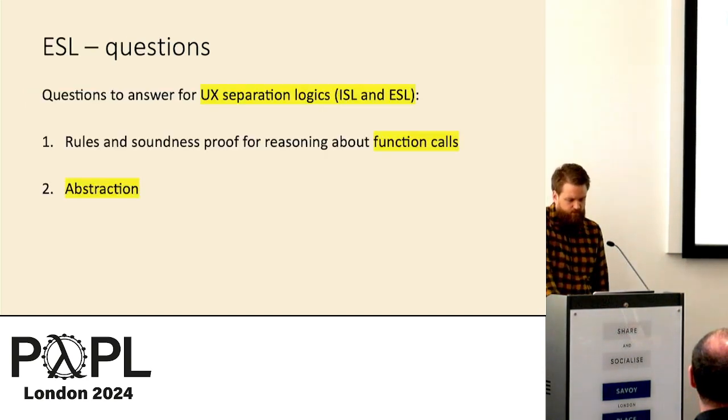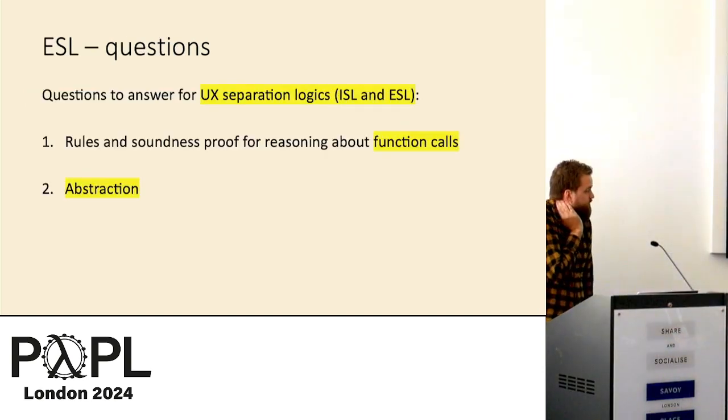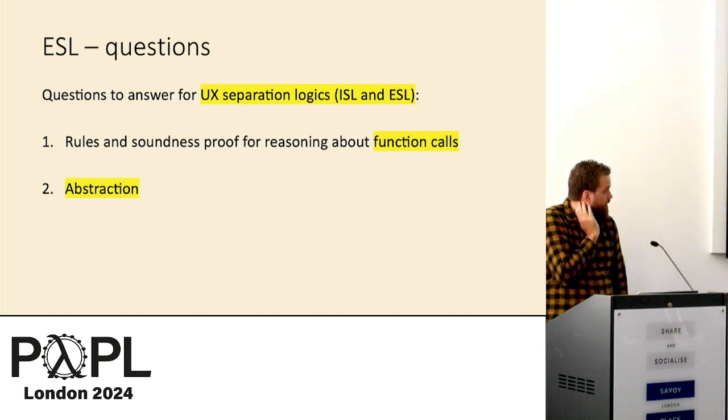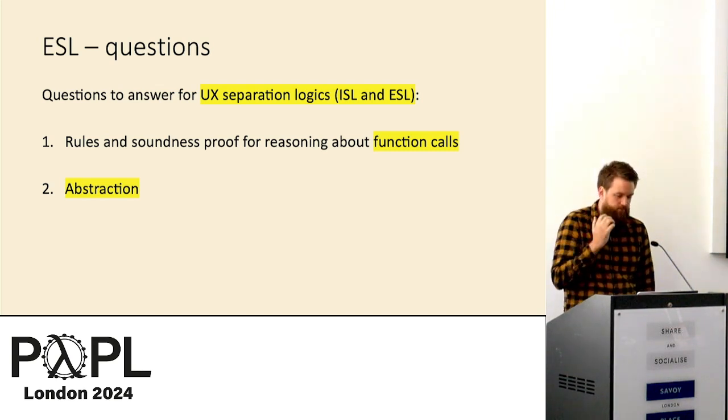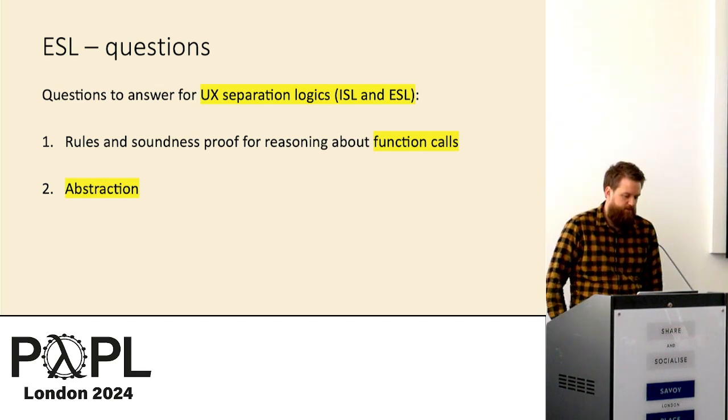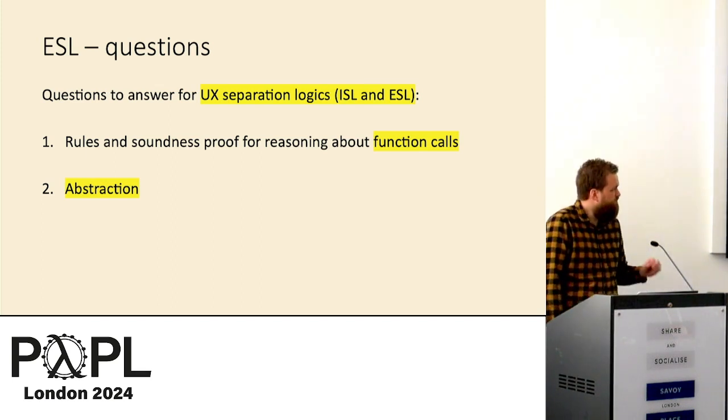Okay, so after defining this logic, there are some questions to be answered. And I will focus on 2 questions here. Both of them being relevant for both currently existing under-approximate separation logics, so ISL and ESL.